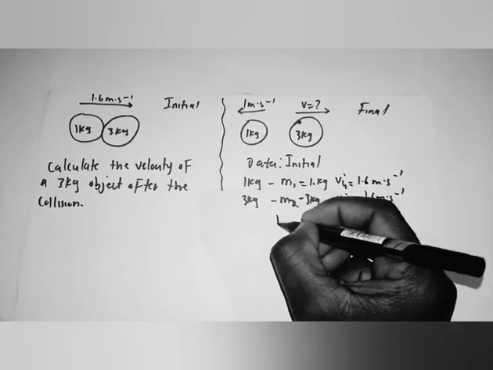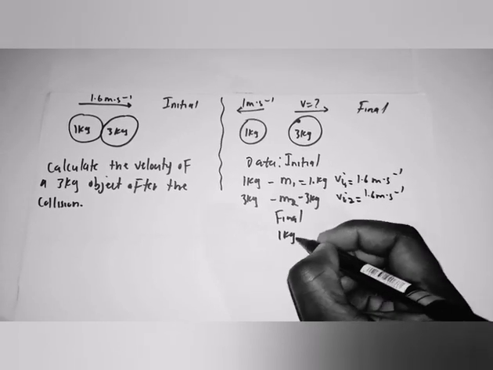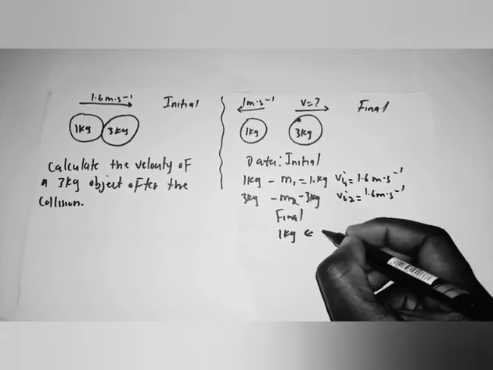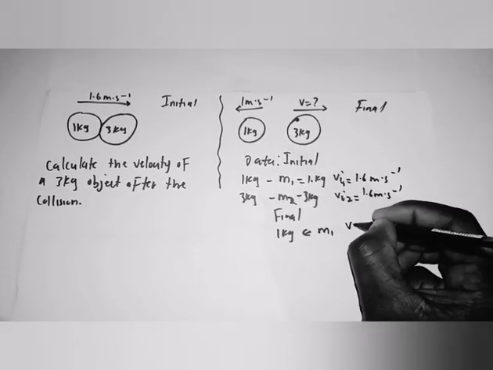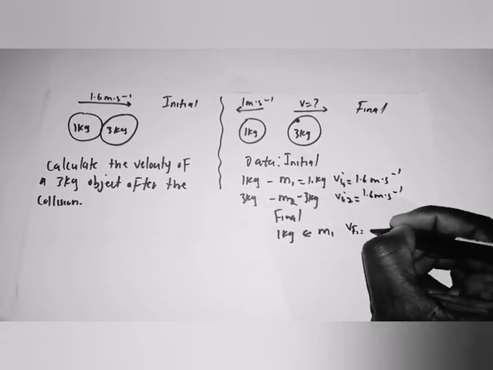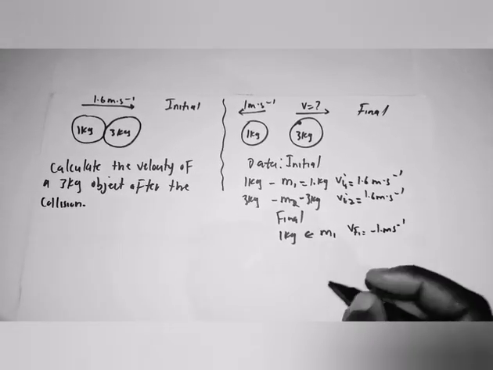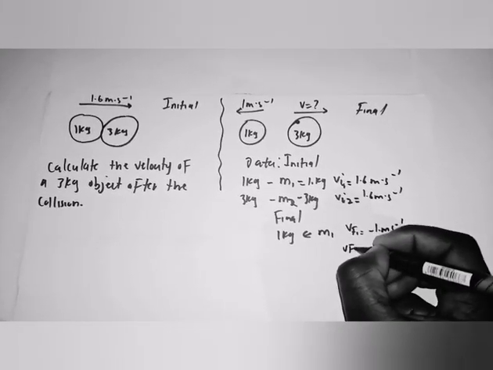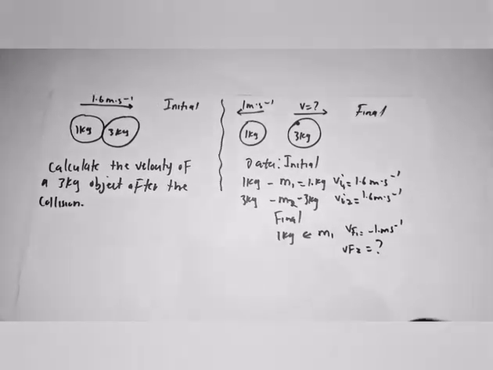Then the final data, we have mass 1, which is 1 kg, and VF1 equal to negative 1 meter per second. Then VF2, since it goes to the right, it will be positive, but we don't have it.